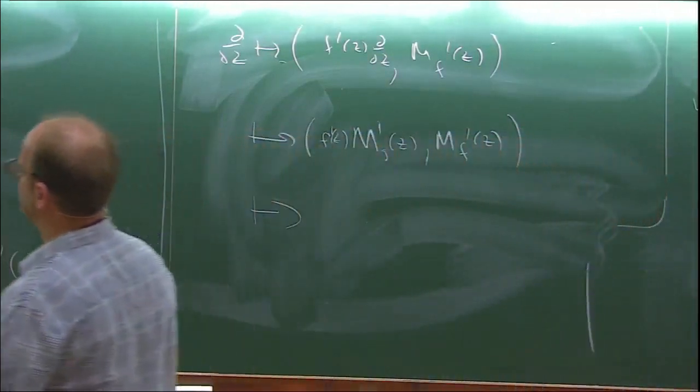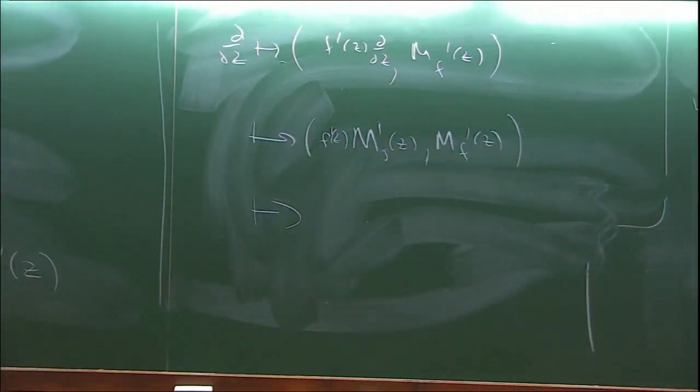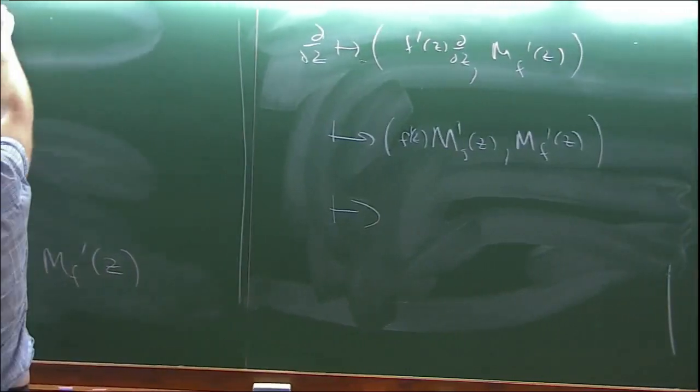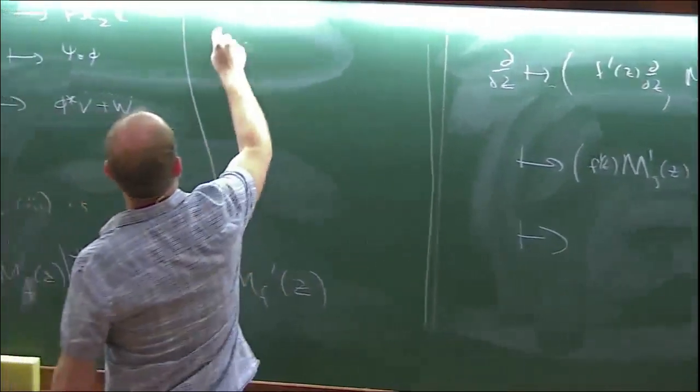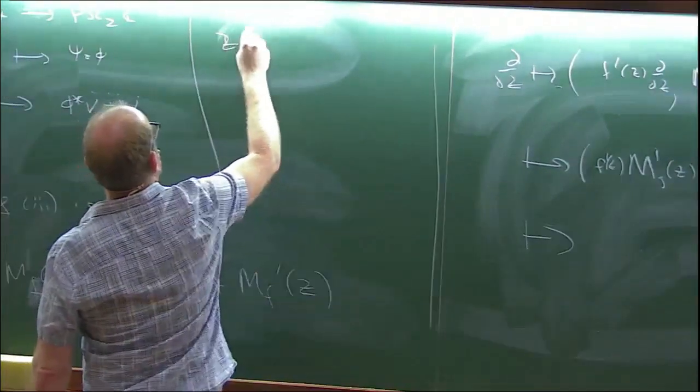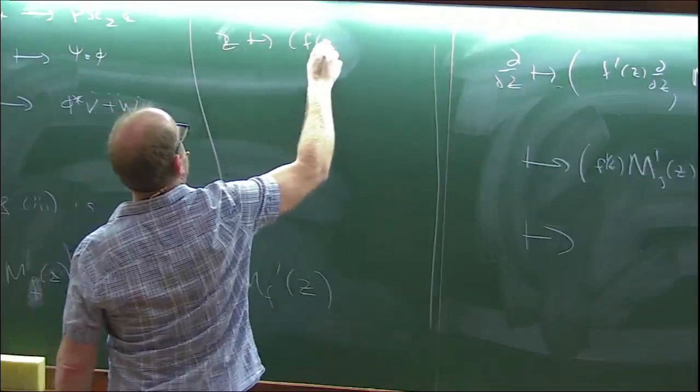Okay, so now finally, we want to take this third derivative. What are the two points here, right? If we follow the maps themselves, I should have written this both down. Right, so we have z goes to f of z.